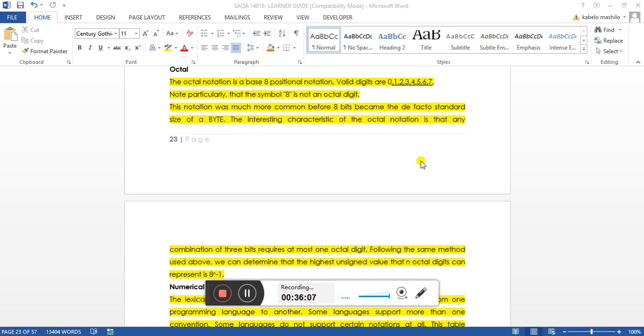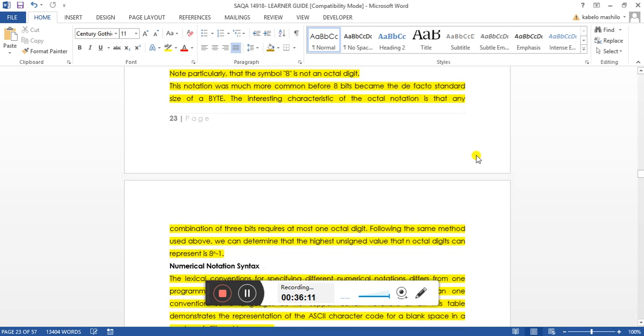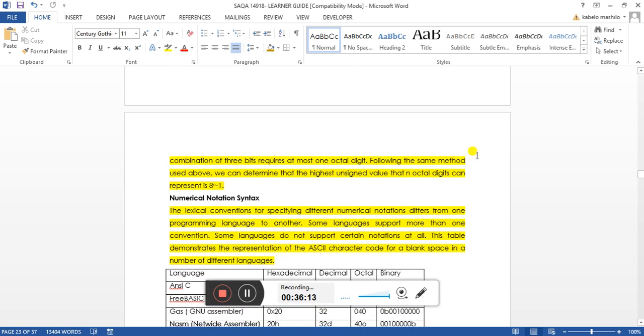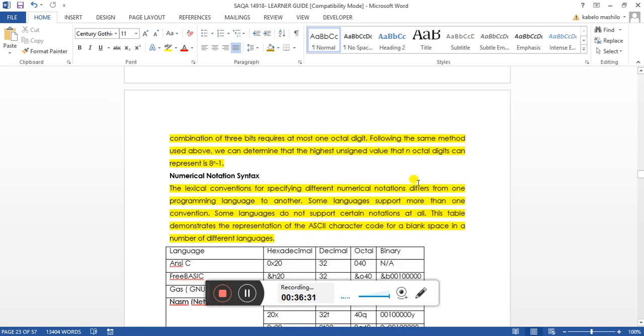The interesting characteristic of the octal notation is that any combination of 3 bits requires at most one octal digit. Following the same method used above, we can determine that the highest unsigned value that n octal digits can represent is 8 to the power n minus 1.